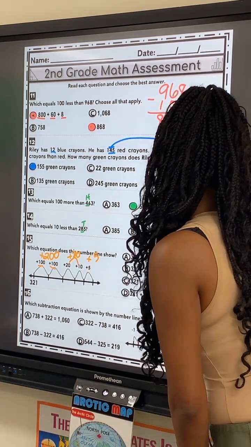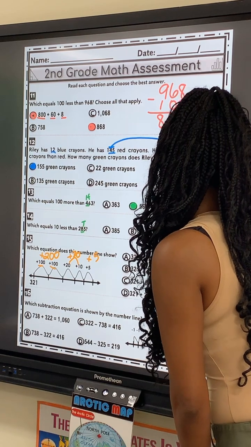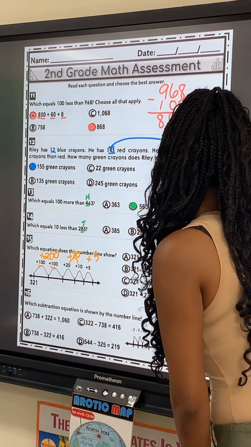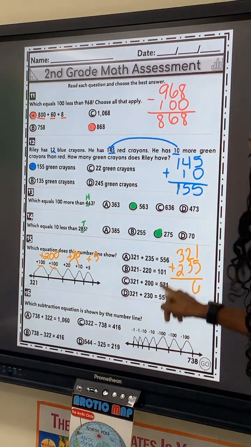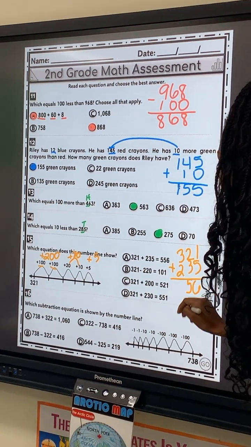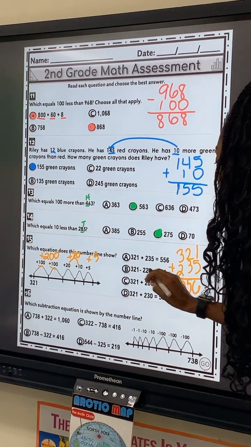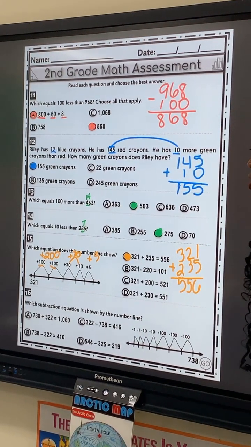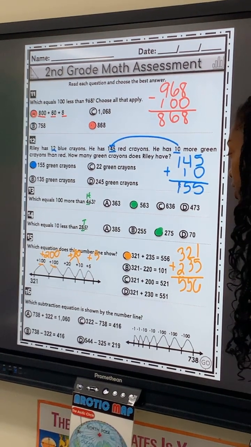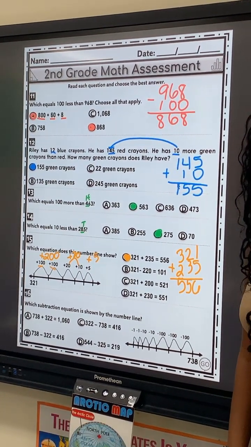So that is 321 plus 235. 1 plus 5 is 6. 2 plus 3 is 5. And 3 plus 2 is 5. So my answer is right here. The equation is 321 plus 235 equals 556.